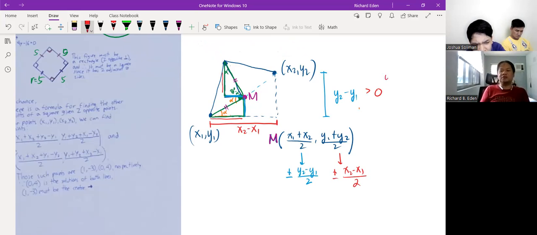The distance in that case would be y1 minus y2. But in the end, it's not going to make any difference because you're going to do a plus or minus anyway. So the relations between the coordinates are not going to matter.